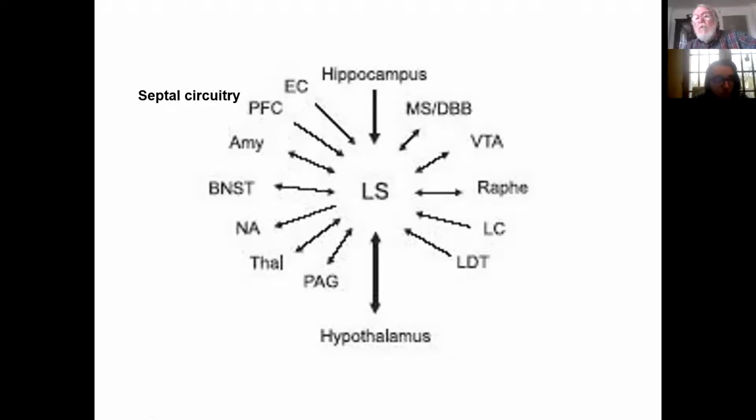Also in the late 30s, two Swiss researchers named Kluver and Bucy did bilateral lesions of the amygdala, and they did this work in rhesus monkeys.